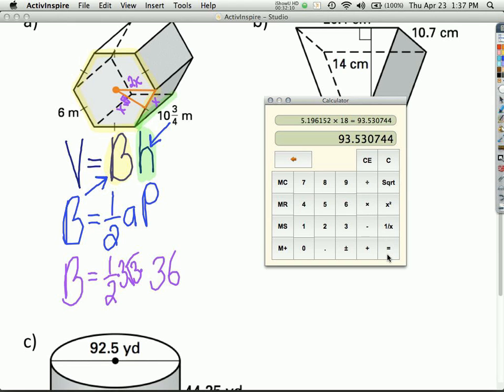I'm going to leave that in there, because now what are we going to do with that result? That result now goes in the volume formula for big B. And what are we going to do with it? Kadir? We'll multiply that by 10.75.